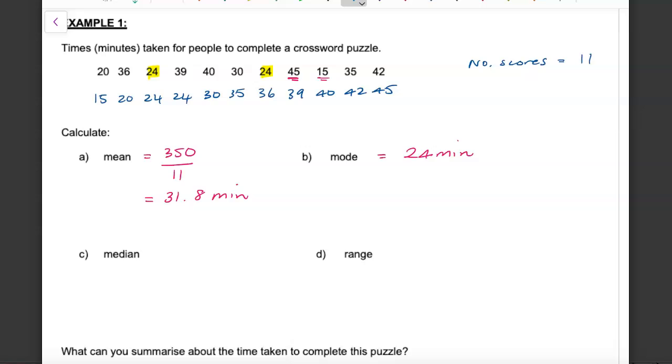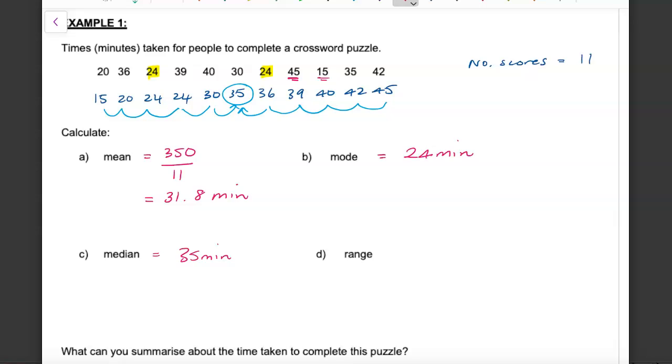So to find this median, this middle score, there's a couple of ways that we can go about this. The first one is simply just counting in from each end until we arrive at that centre score. And it falls on 35. So that tells me the median is 35 minutes to complete the crossword puzzle.